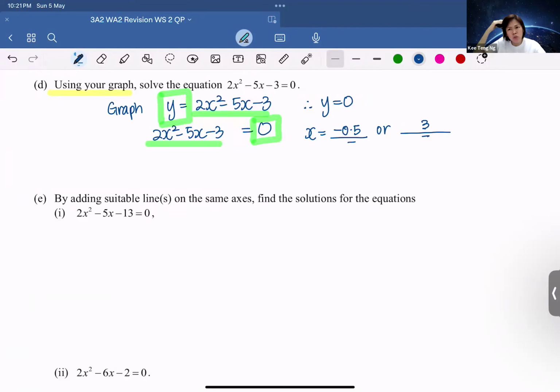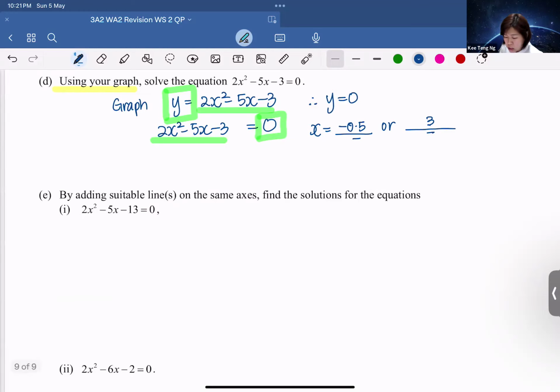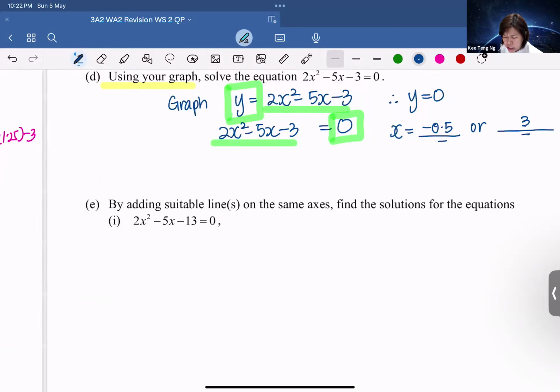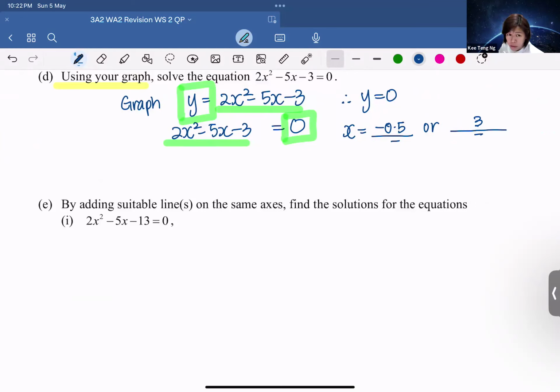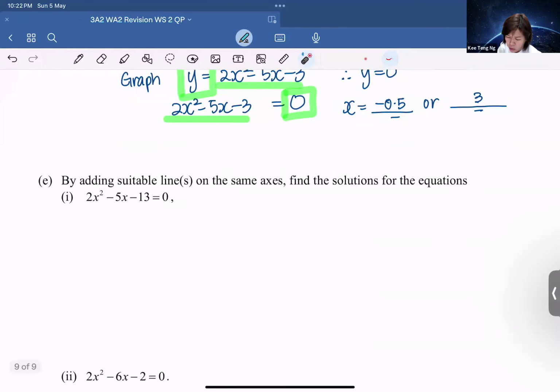Next, by adding suitable lines, okay, the question is getting harder and harder, but we're coming to an end soon. So stay focused, right? By adding suitable lines on the same axis, find solutions for this equation. This question looks a little bit similar, but it's not a typo. The number over here, you notice this is 13, but this is 3. So let's look at our graph.